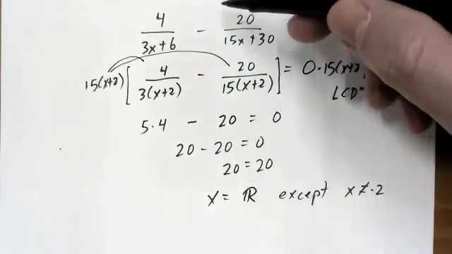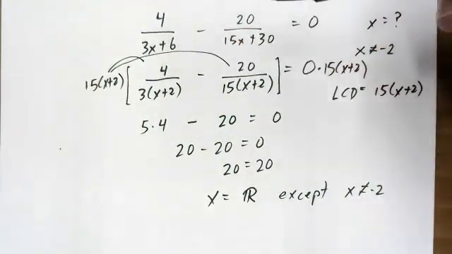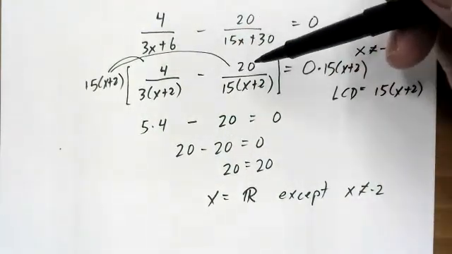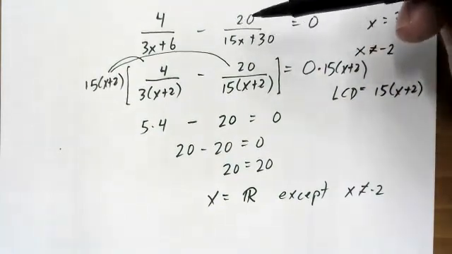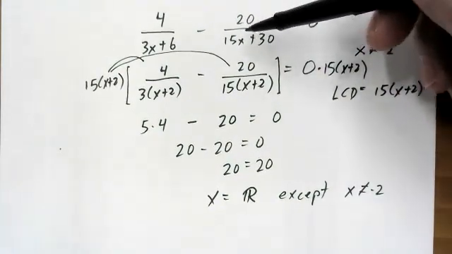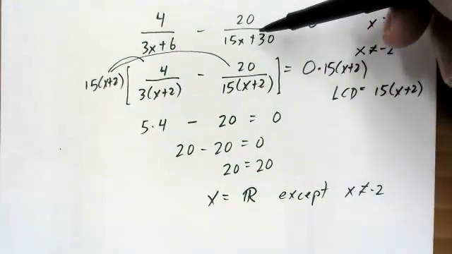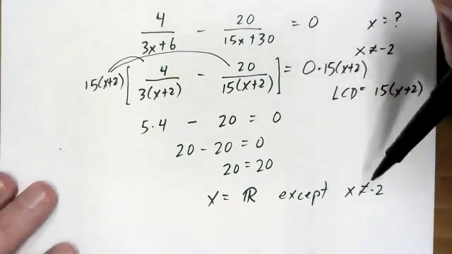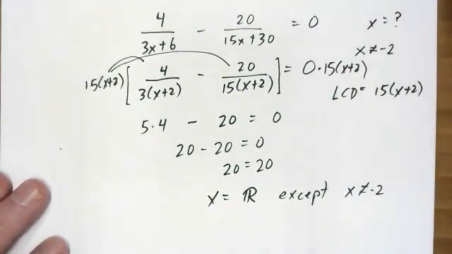So in other words, for this equation, x could be 1, x could be 3, x could be 0, x could be 7, x could be 21, x could be -15. However, x cannot be -2.